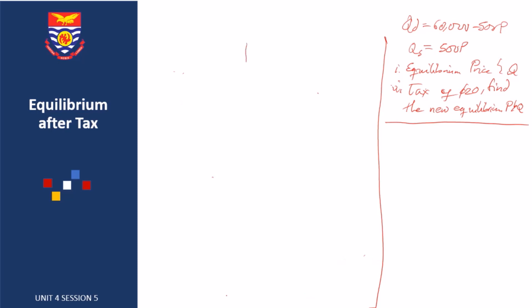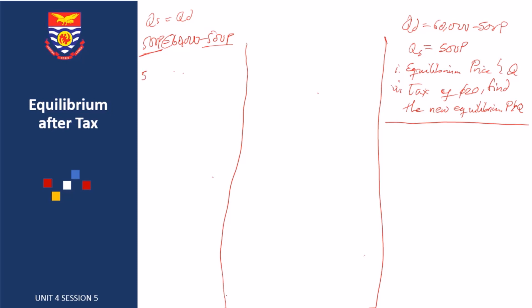Okay. So I know my QS is equal to QD. So I'll say 500p is equal to 60,000 minus 500p. What am I going to do? I'll group like terms. So I'll bring this minus 500p to add to this. It will come and add because when the negative crosses the equal sign, it will turn positive.